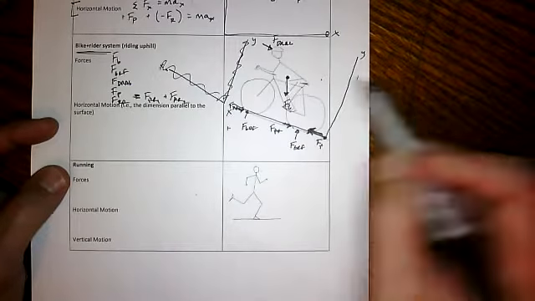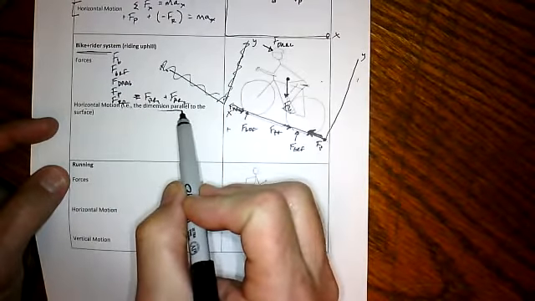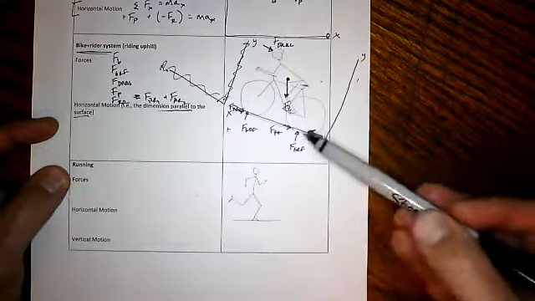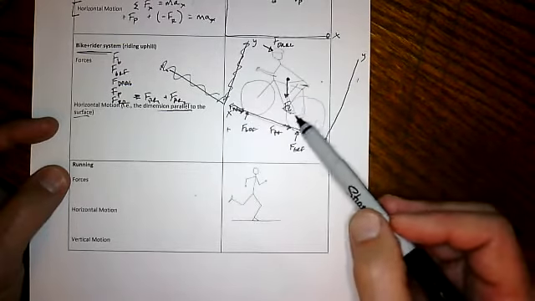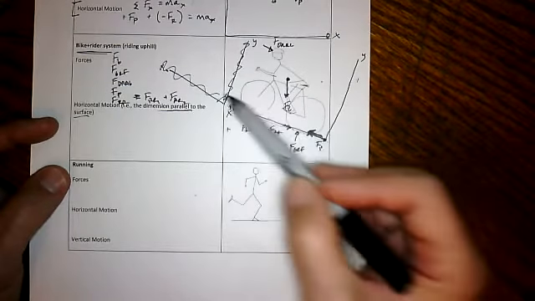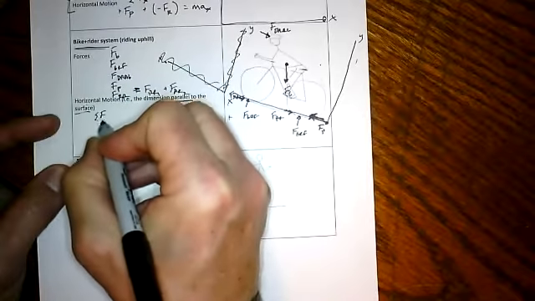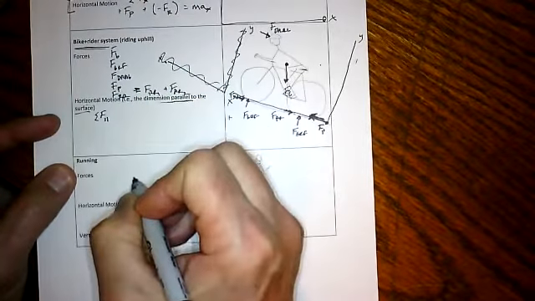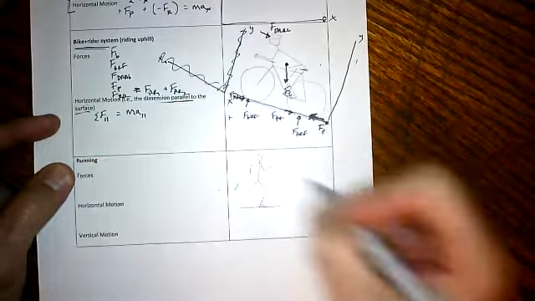Okay, so now all I said is horizontal motion, and I specified the dimension parallel to the surface. So in this dimension right here, I just need to identify those forces acting in that dimension. And we put them into this equation, sum of F parallel equals m a in the parallel dimension.